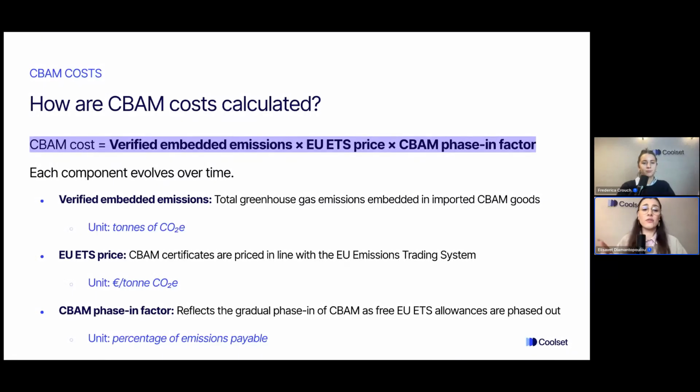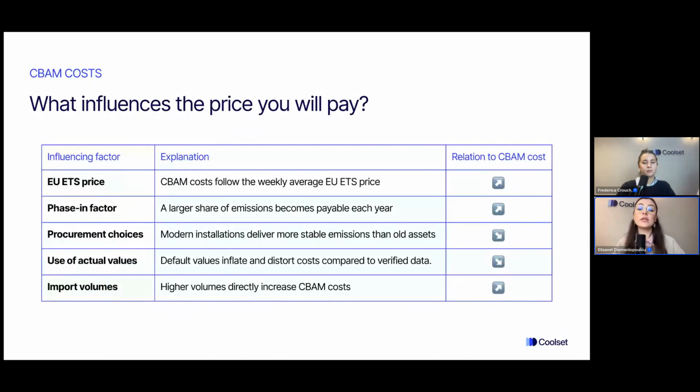In case you already paid any taxes in another country, you can also deduct this. I think it's a simple formula, and everything is clear and we already touched upon it. But let us know in the chat if you have any more questions about each of these sections of the calculation. What I wanted to spend more time on is to see how each one of these factors influences this cost.